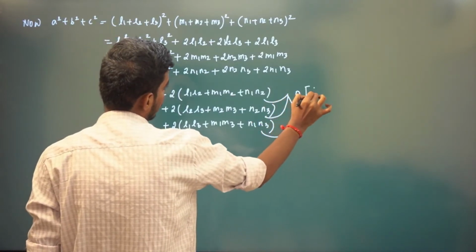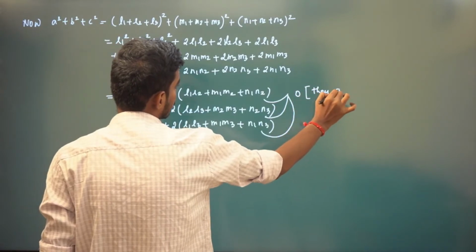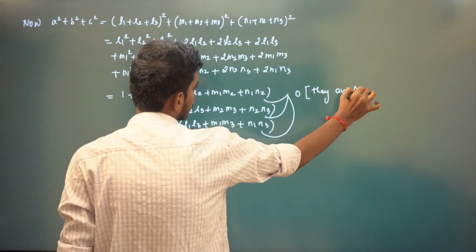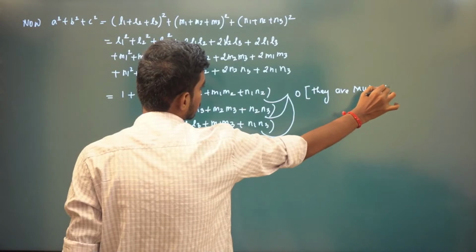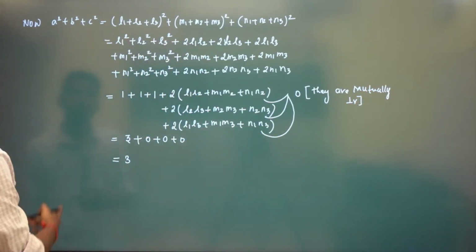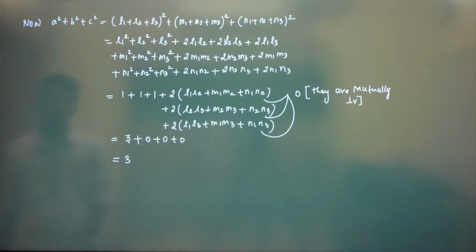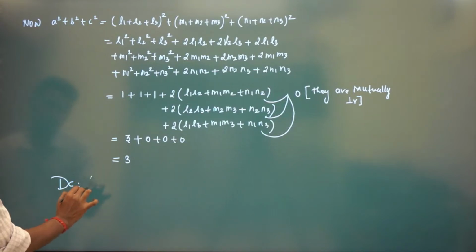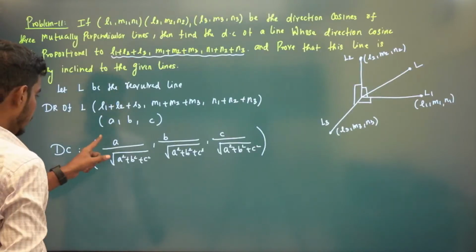They are mutually perpendicular. So therefore, the value of a square plus b square plus c square is this. Therefore, what about direction cosine? Direction cosine is a divided by this.